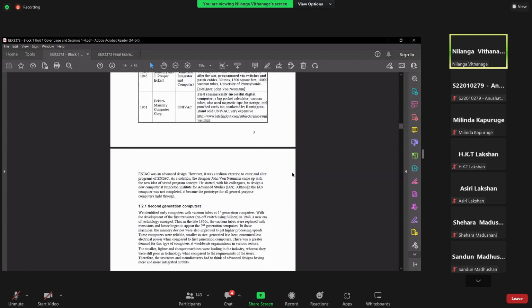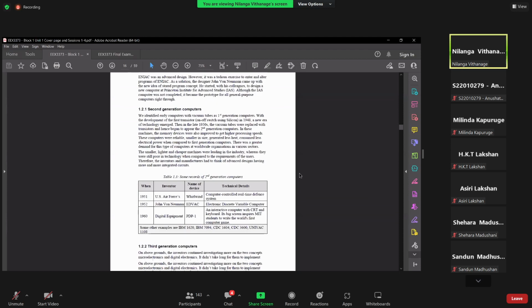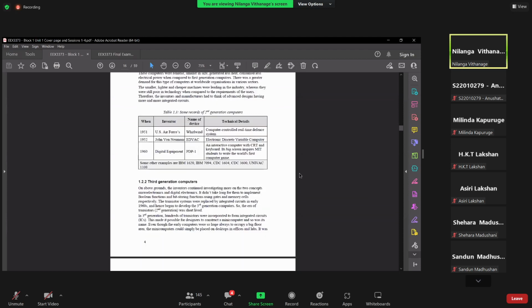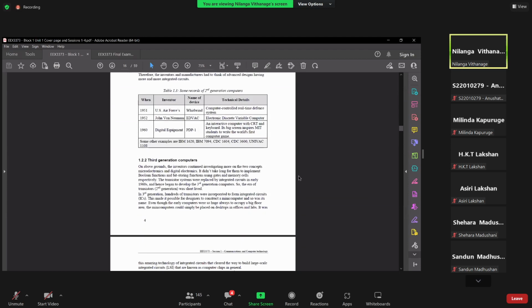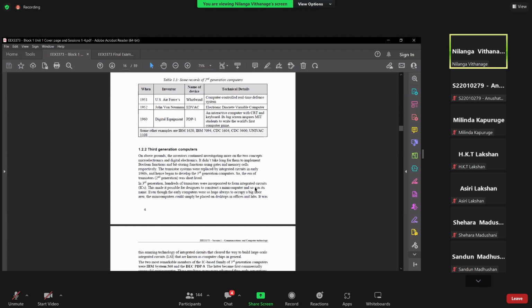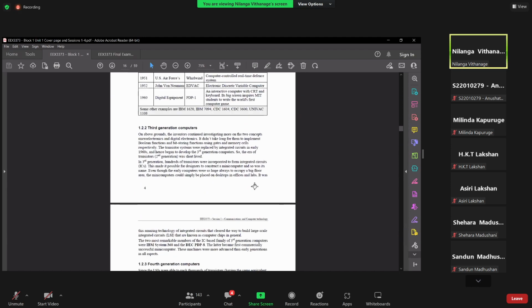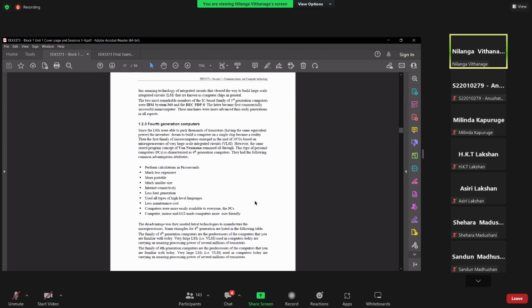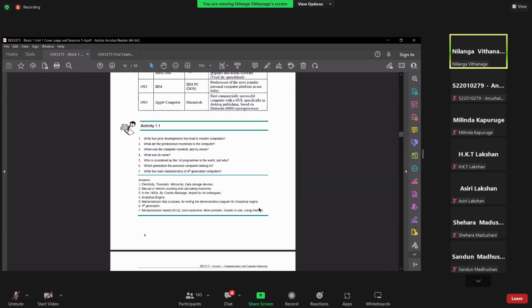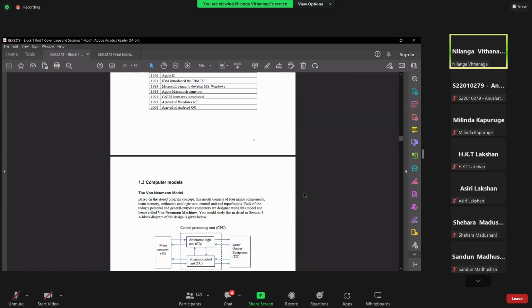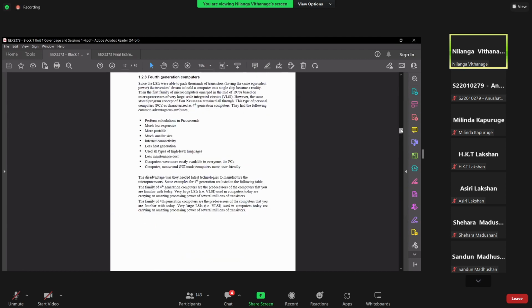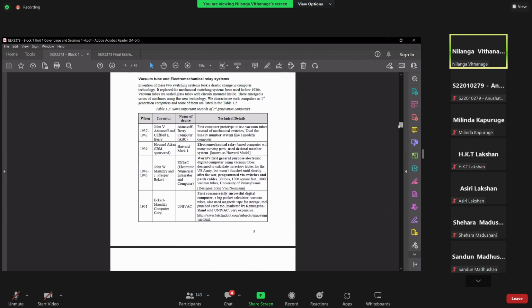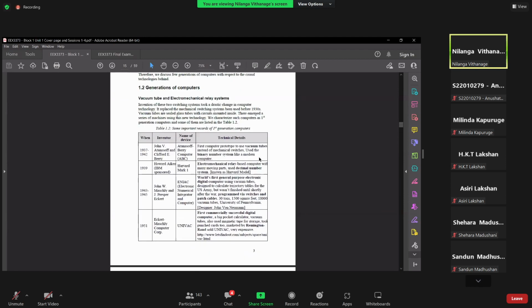As an example, when it comes to the third generation computer, they use these transistors, right? Here, in this first generation computer, can you see all these important things?